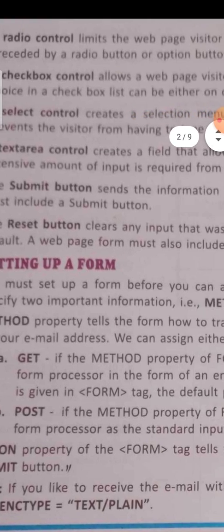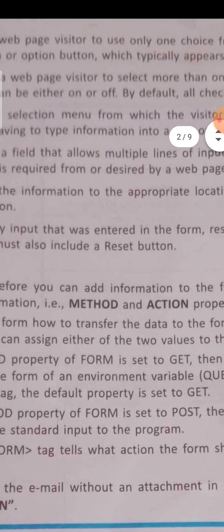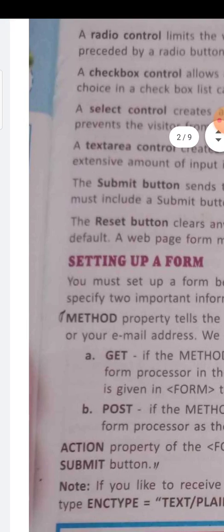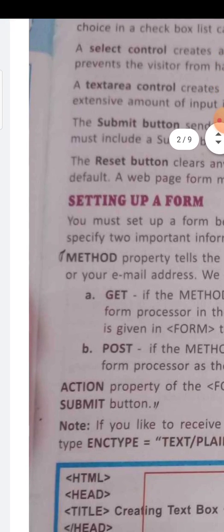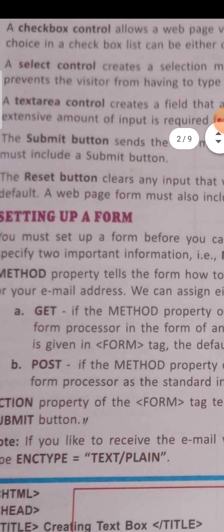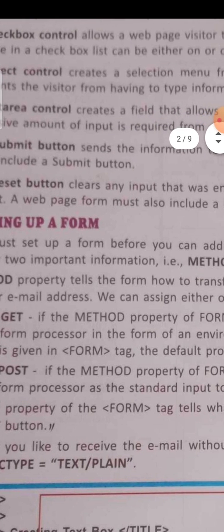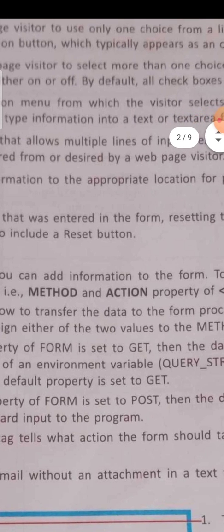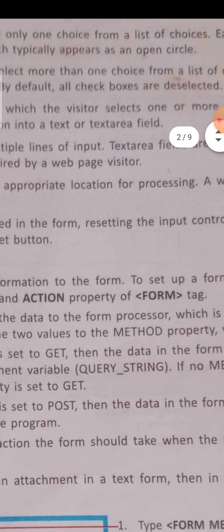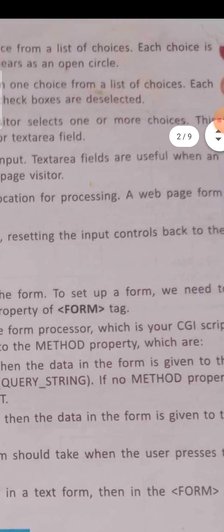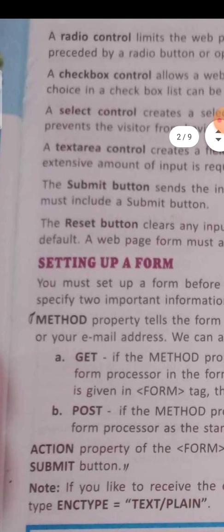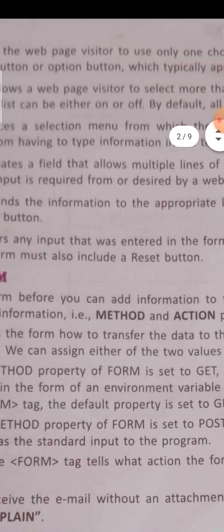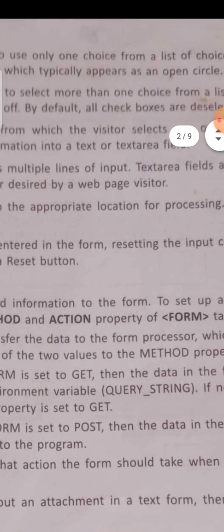or your email address, and we can assign either of two values to the method property. There are two values of the method: first get, and second post. These are opposite to each other. First is get. If the method property of the form is set to get, then the data in the form is given to the form processor in the form of an environment variable, that is a query string.